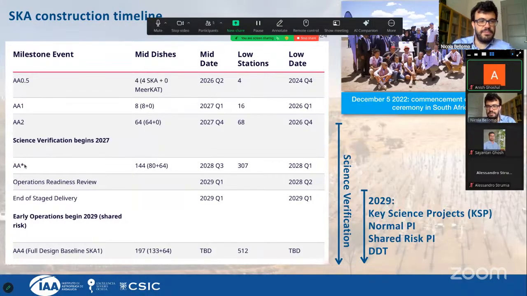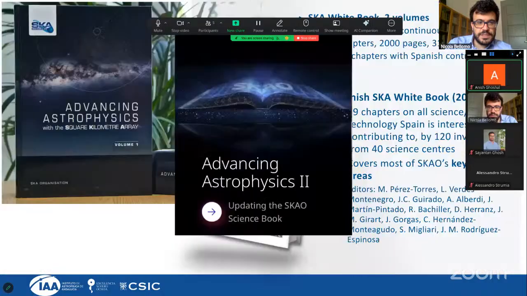It's going to mark the time where we start taking data and start doing some science verification. The goal, of course, is what is called AA4, which is the full baseline, which has more or less twice the number of antennas, in both the South Africa and Australia parts. But it is not fully funded yet.